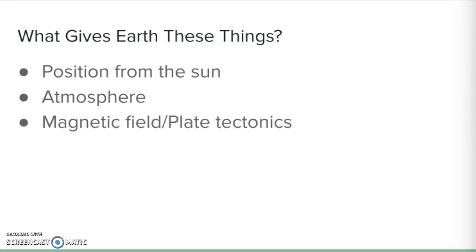And it does this through just having the magnetic field with plate tectonics, and that helps keep the magnetic field strong. And the water cycle as well as the rock cycle also play a large part in providing this atmosphere to create ideal conditions for life on Earth.